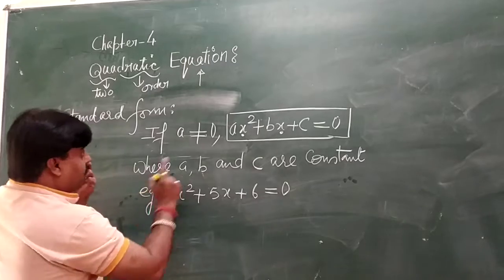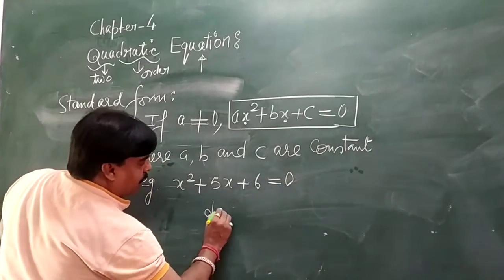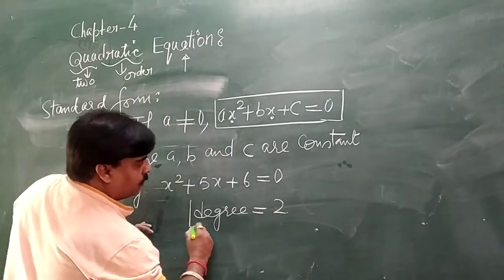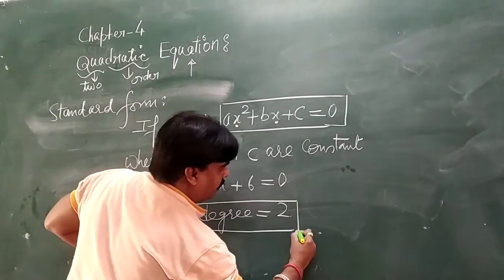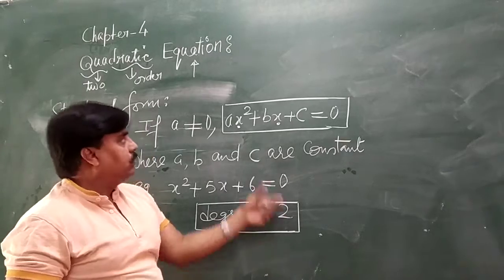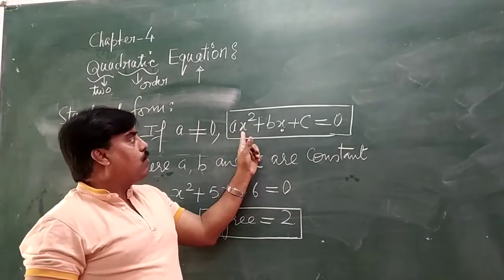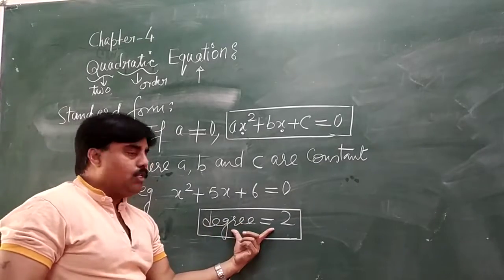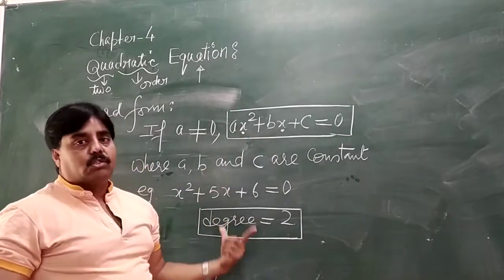A very important point is here: to become a quadratic, the degree of an equation must be 2. Degree must be 2 and the equation must be in the form of ax square plus bx plus c. Sometimes the degree is 2, but the given equation is not a quadratic.